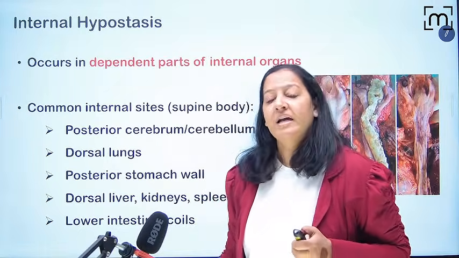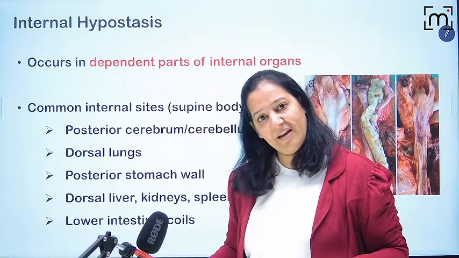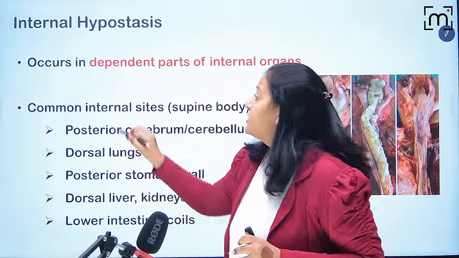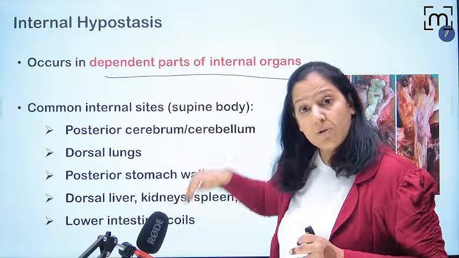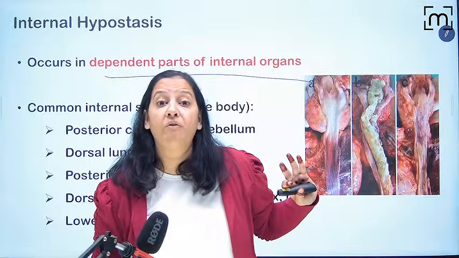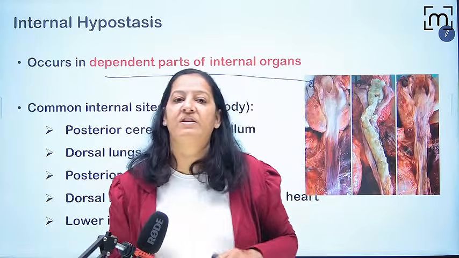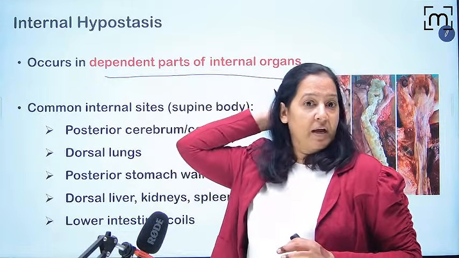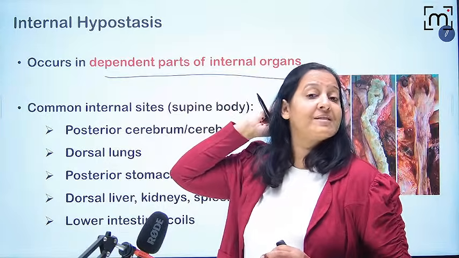It's very important. Does lividity occur only on external skin? It occurs on internal organs also, the dependent internal organs. So the dependent part of the internal organs also shows lividity. We can see it externally only, but if we perform the autopsy, we can see internal lividity also in the organs. In case of supine position, it will be on the cerebellum.